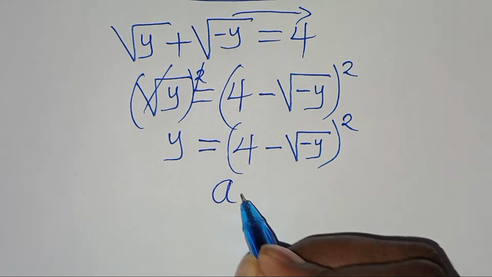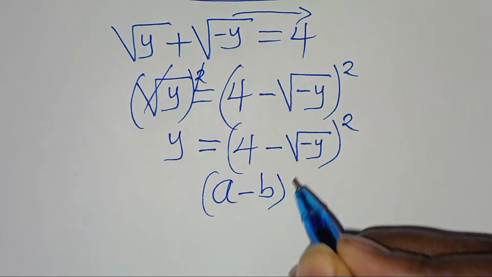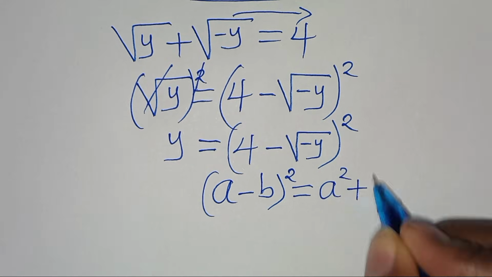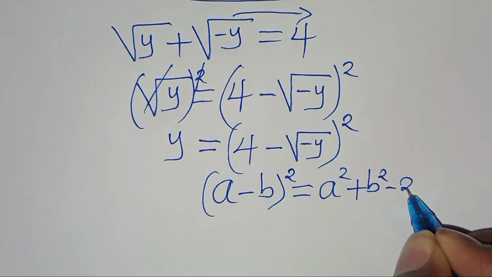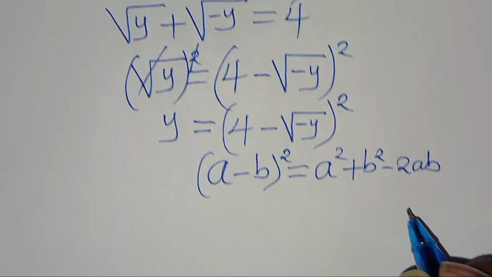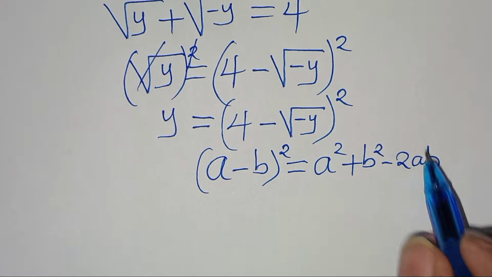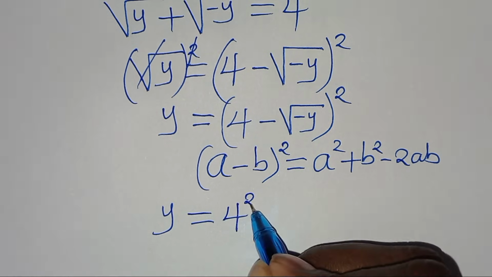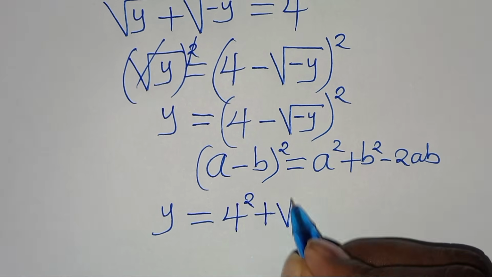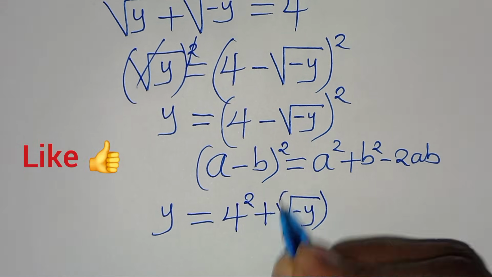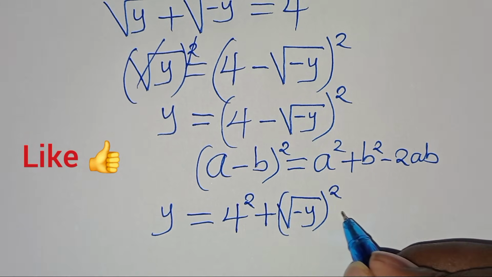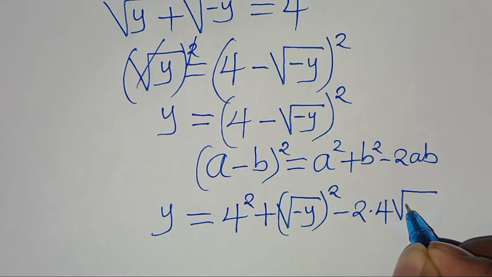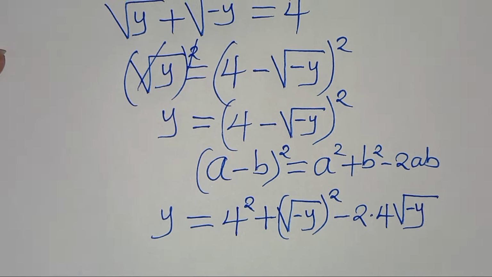This is in the form of a minus b raised to the power of 2, which we can express as a squared plus b squared subtract 2ab. Now applying this algebraic identity, we have y equal to 4 raised to the power of 2, plus the square root of minus y raised to the power of 2, then subtract 2 multiplying by 4, multiplying by the square root of minus y.